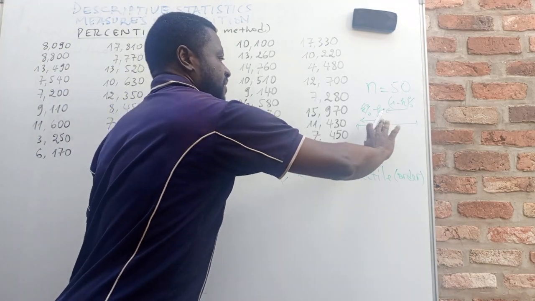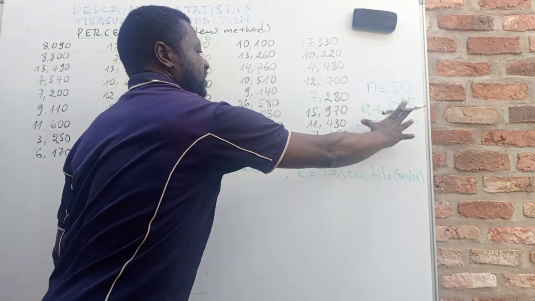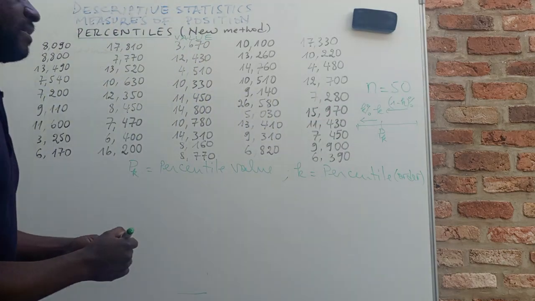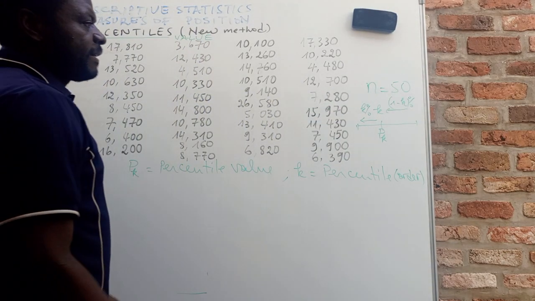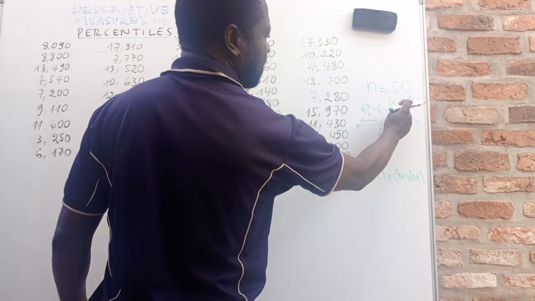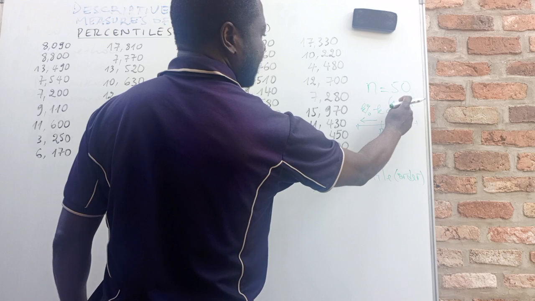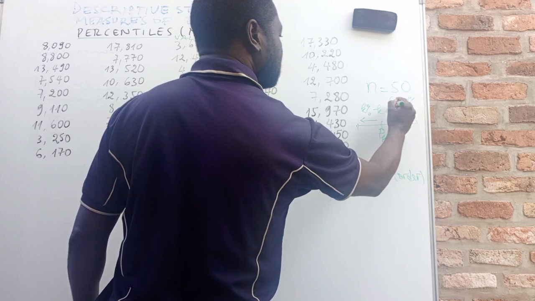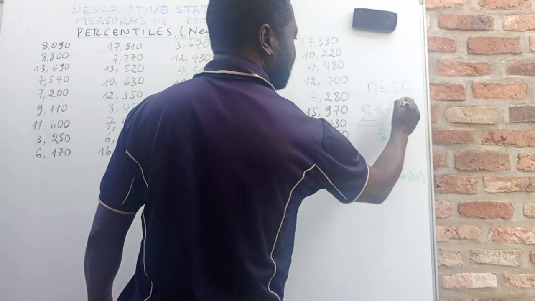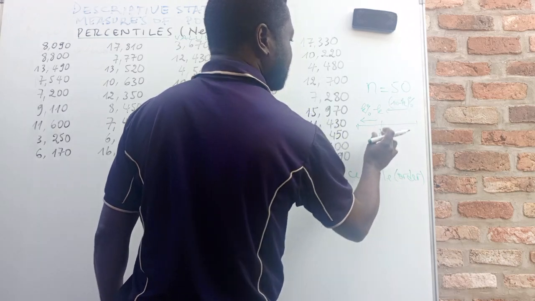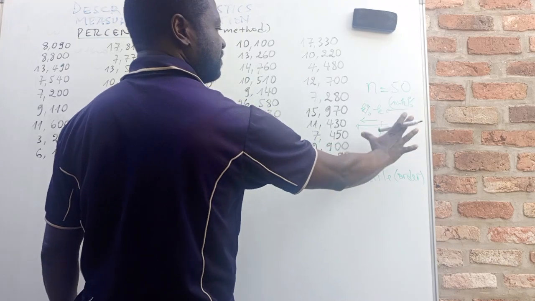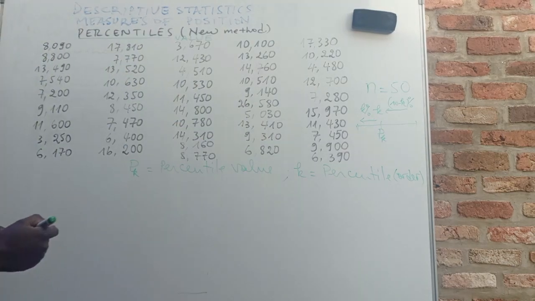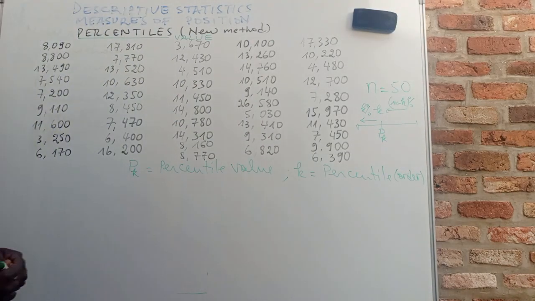Suppose we have 100 values: k values on one side and 100 minus k values on the other side. That is what is called the percentile value.